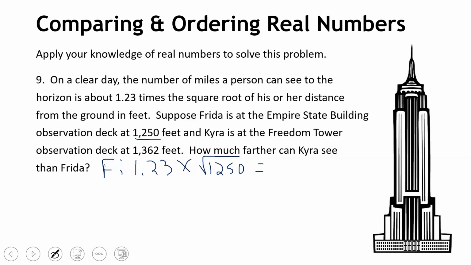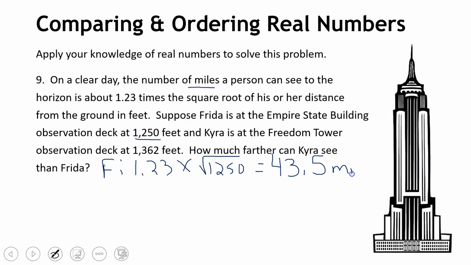And when I use my calculator to do that, make sure that when you work with a calculator, your answer is reasonable. Here we go. And I'm going to round to the nearest tenth this time. 43.5, 43 and 5/10. And it says up here that the number of miles a person can see.